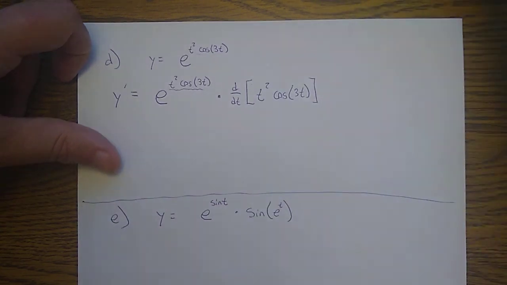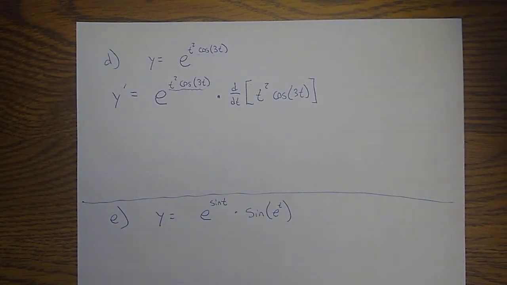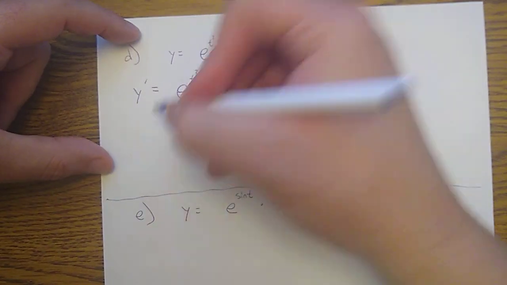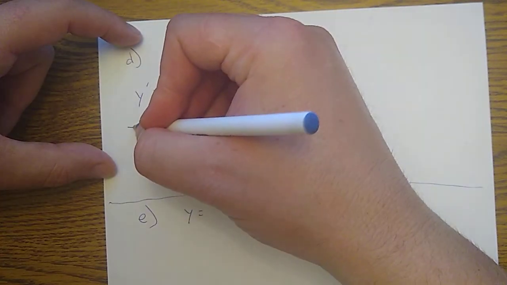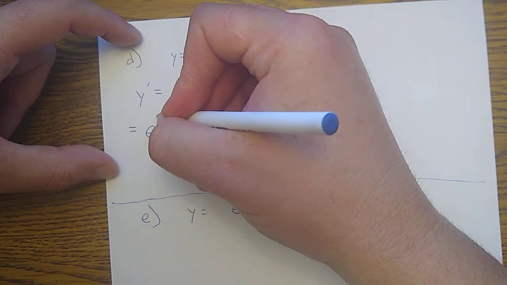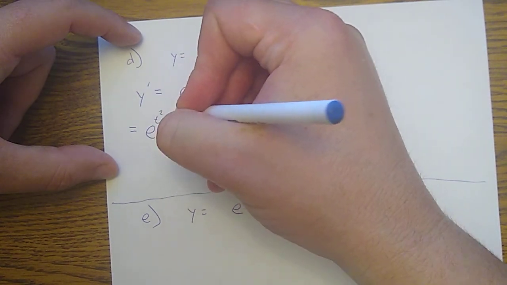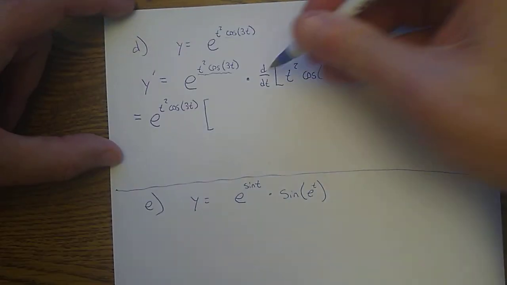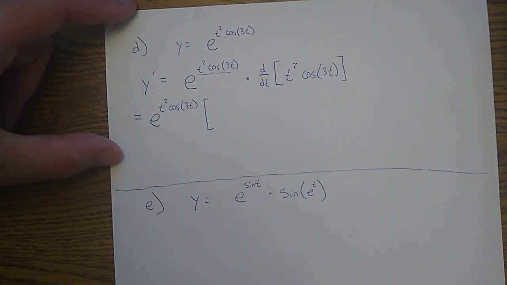I'm not even going to think about what that derivative is right now. It is whatever it is. I'll figure it out later. So I'm slowly working my way towards the answer here. Now I will think about whatever the derivative of that is.